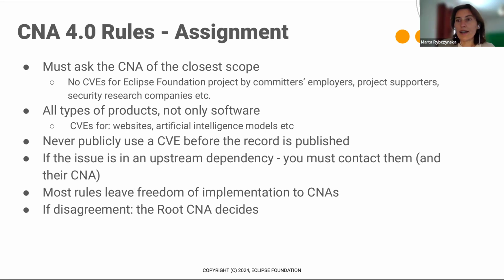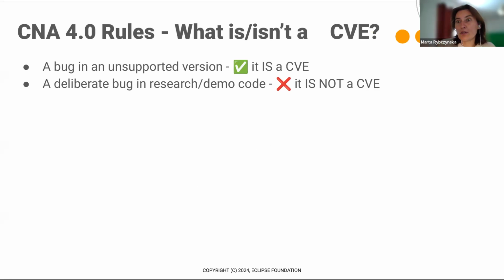Finally, the rules are quite flexible and there's much left to interpretation, and there are not many musts because a lot depends on the particular situation. In the case of disagreements, the root CNA, so MITRE, decides. For me, it has never happened to go through MITRE. We always manage to resolve everything between the affected project, the researcher, and the security team. Now, what is or isn't a CVE?